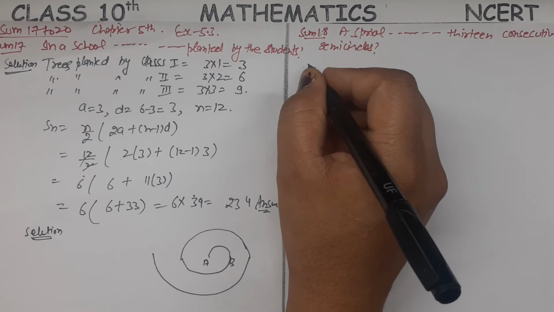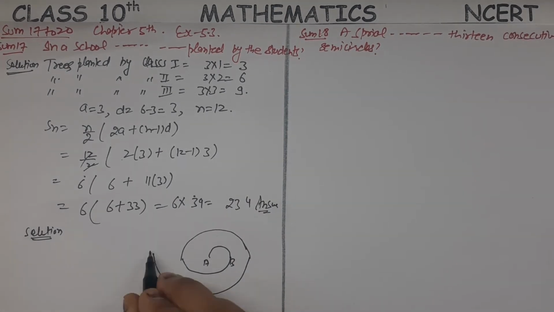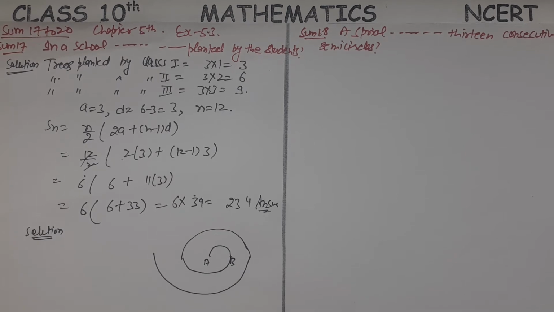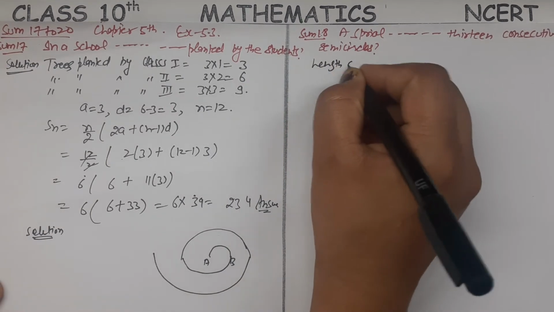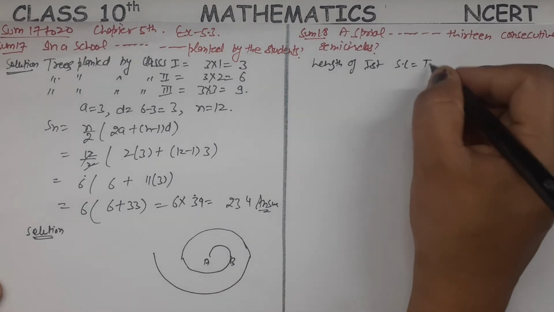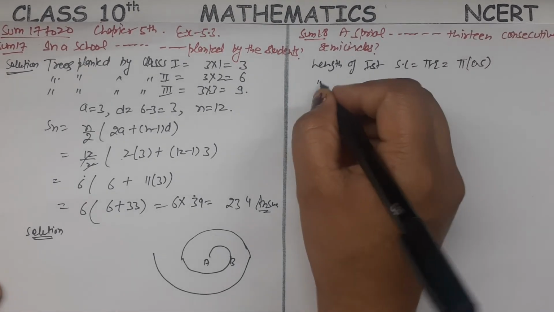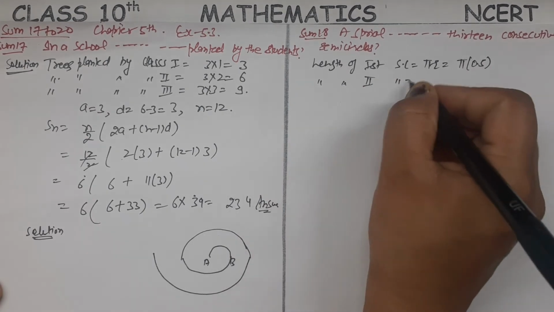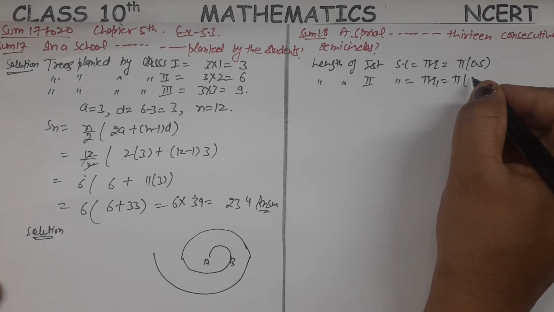Solution: 1, 2, 3, 4, just like that 13 semicircles, and we have to find its length. Length of the first semicircle is pi r, pi same, r is 0.5. Length of the second semicircle is pi r1, where r1 is 1.